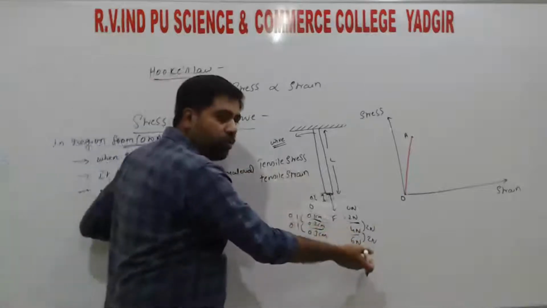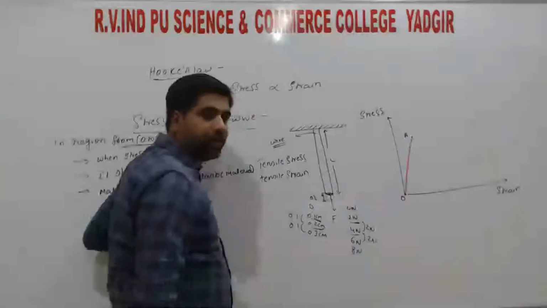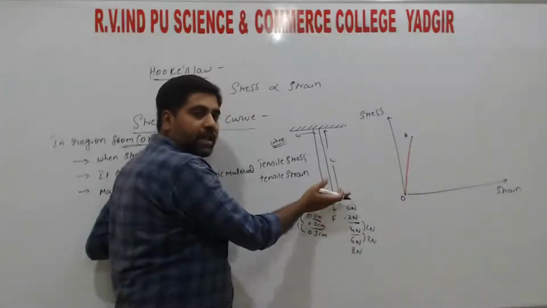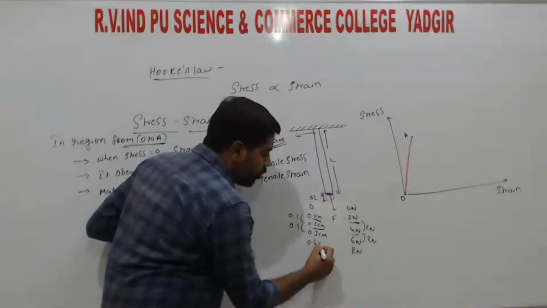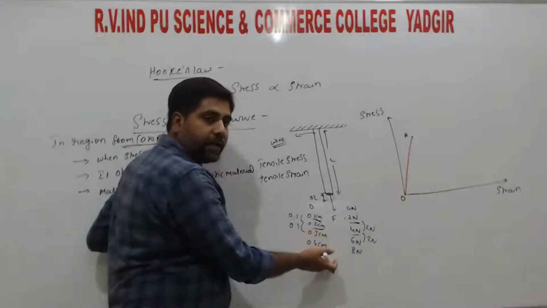Next, if we increase the load to some 8 Newton, then again there is a change in configuration. The length further increases, by some 0.4 centimeter, right? So that means it increases linearly.